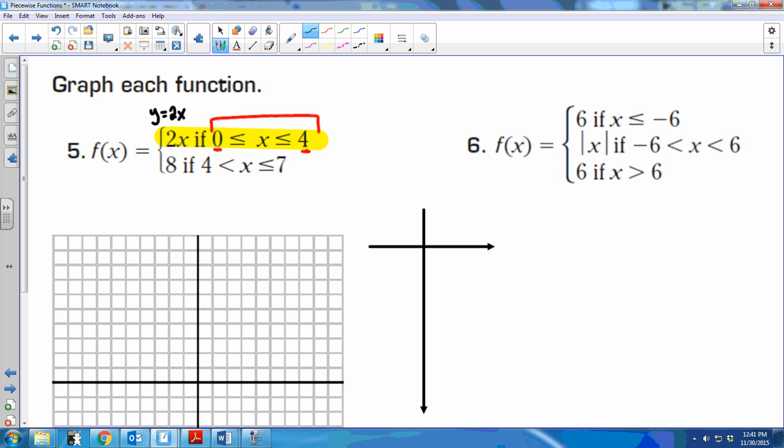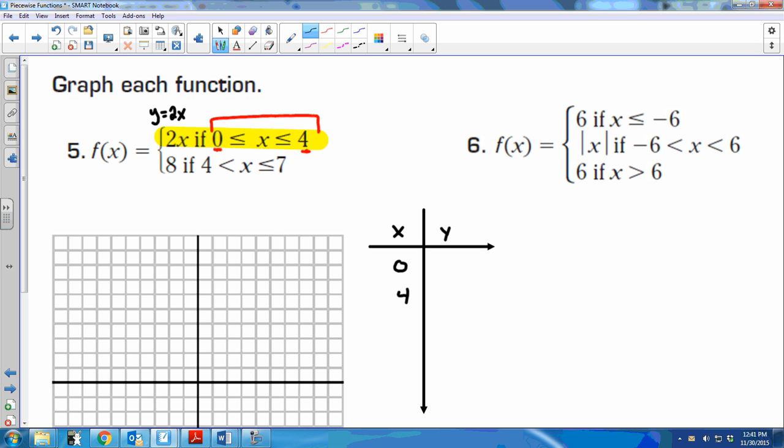Okay? So for all of these, I'm always going to at least show information on the table. You don't have to use a table, but I'm always going to show it so that everyone's on the same page and knows where I'm getting these values from. So if I'm going to graph this first piece, then I'm going to use 0 and 4 as my x values. Then I'm going to put that into the function to figure out what the y value is.